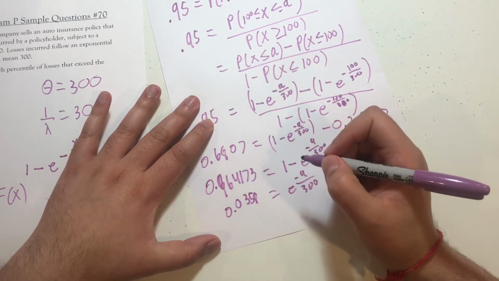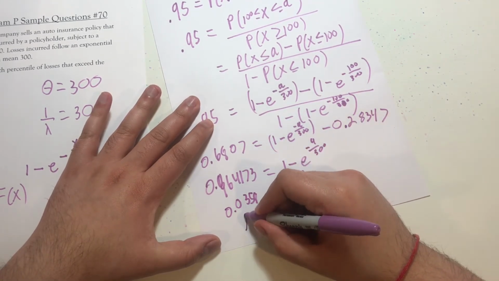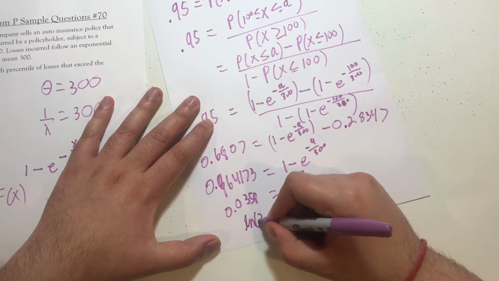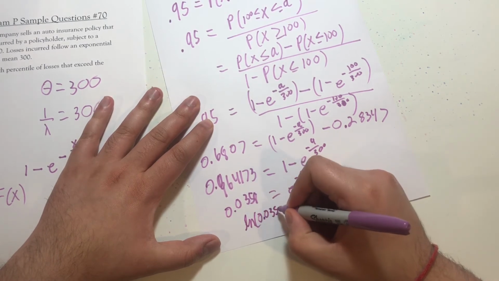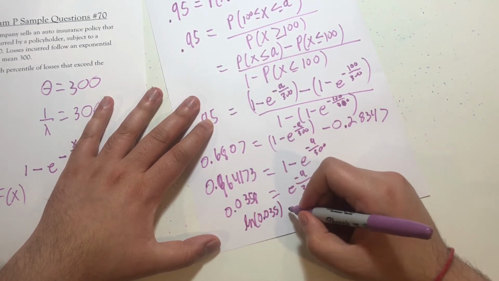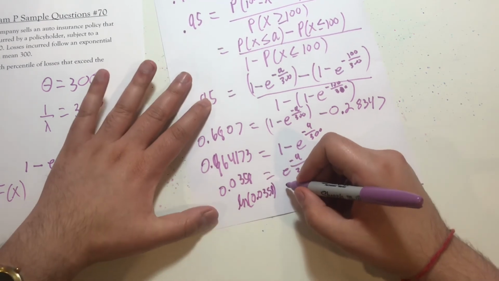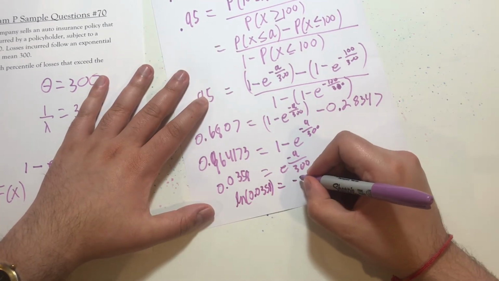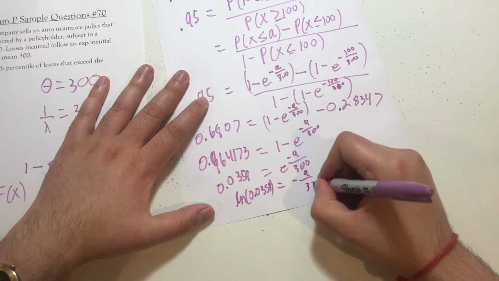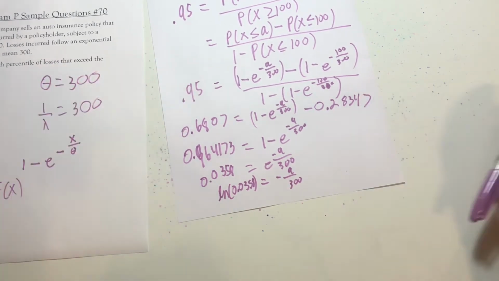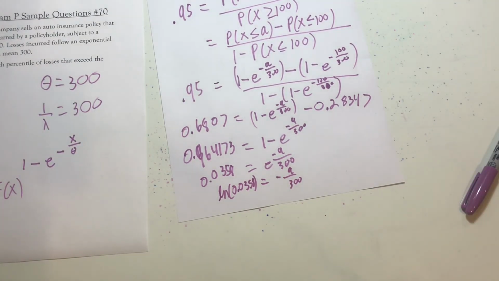So I have now ln of 0.0358 is equal to negative a over 300. From here, I just multiply the negative 300 to both sides. So just give me a second to actually do that.